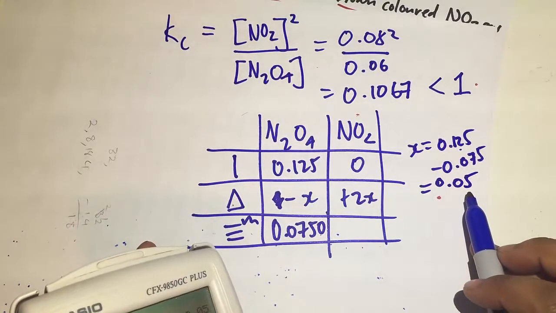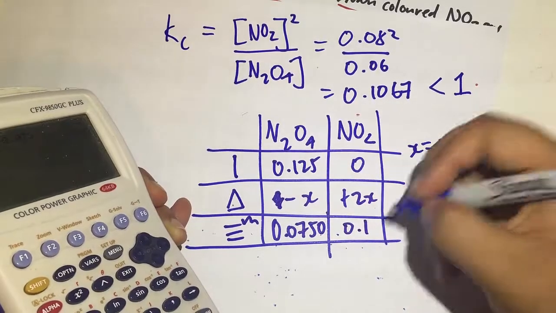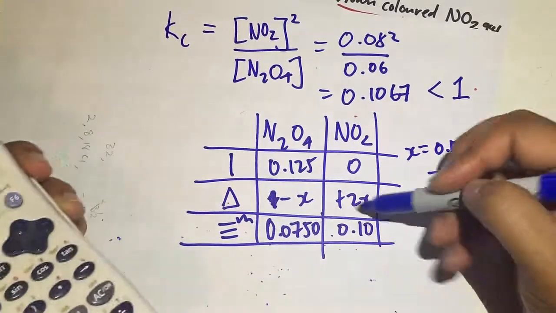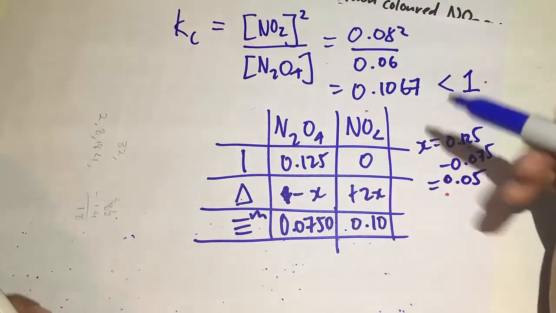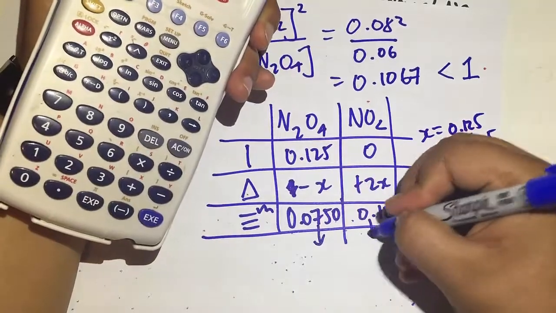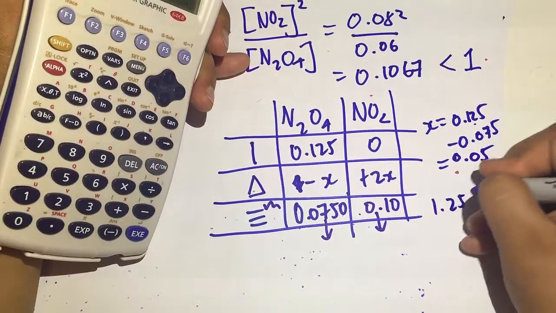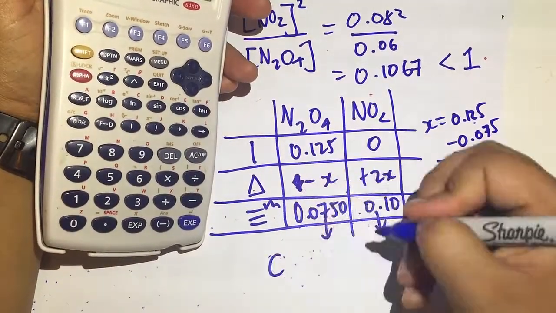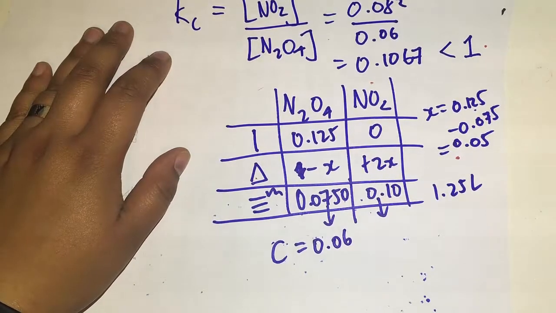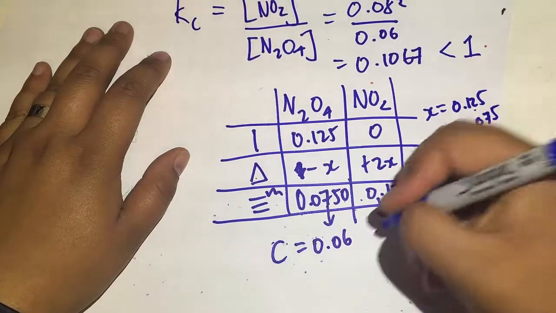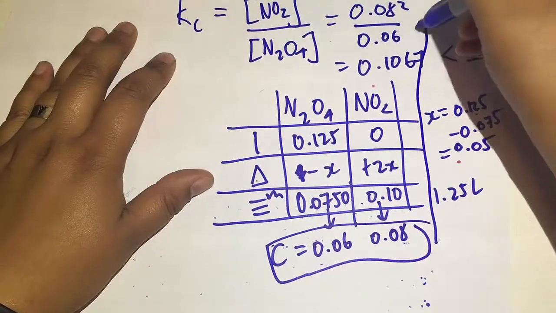And so then 2X will be 0.10. And so now we know the number of moles at equilibrium. We convert these to a concentration. And so because the vessel was 1.25 litres, the concentration is going to be 0.06, and the concentration of the other one is going to be 0.08, which is the same as what we got up here.